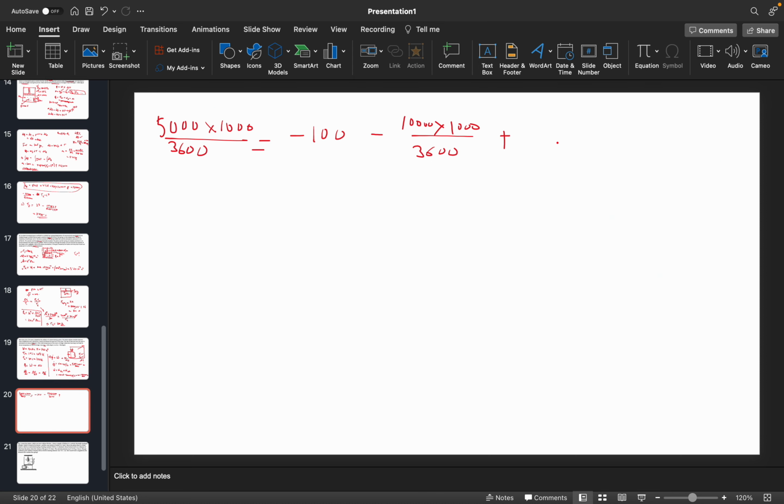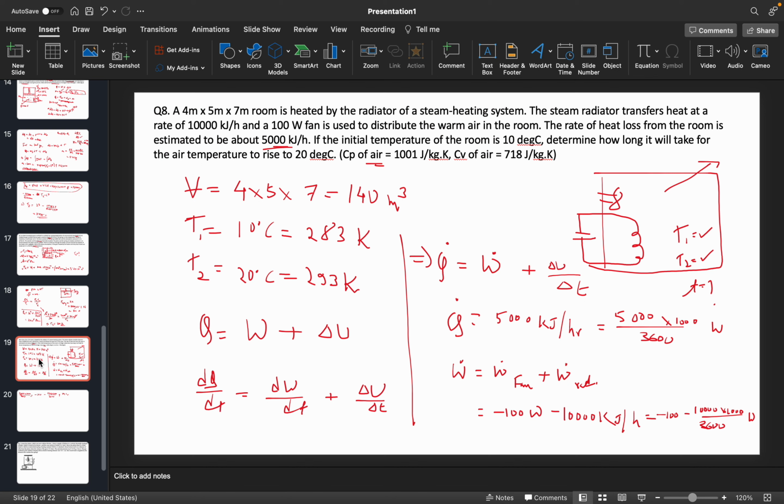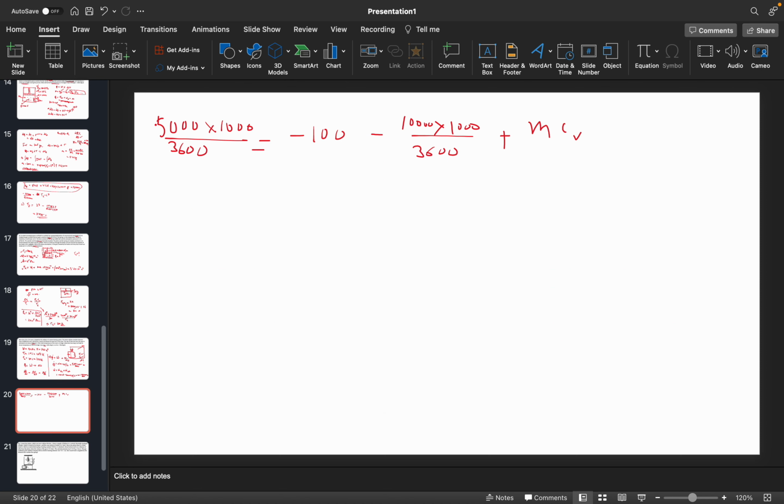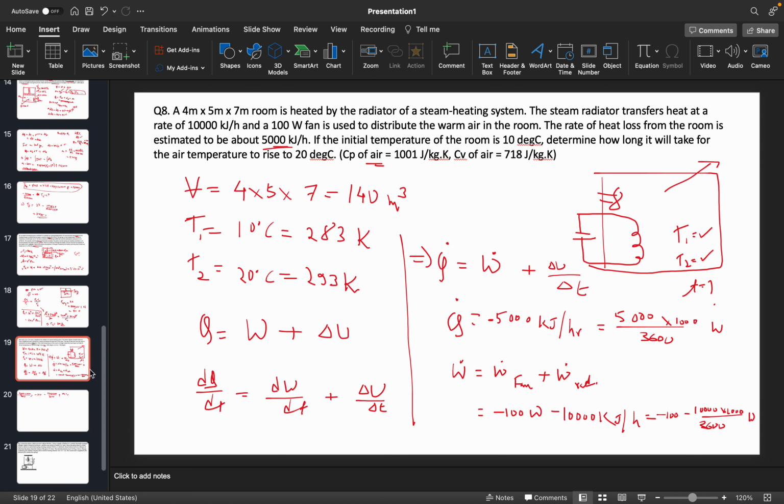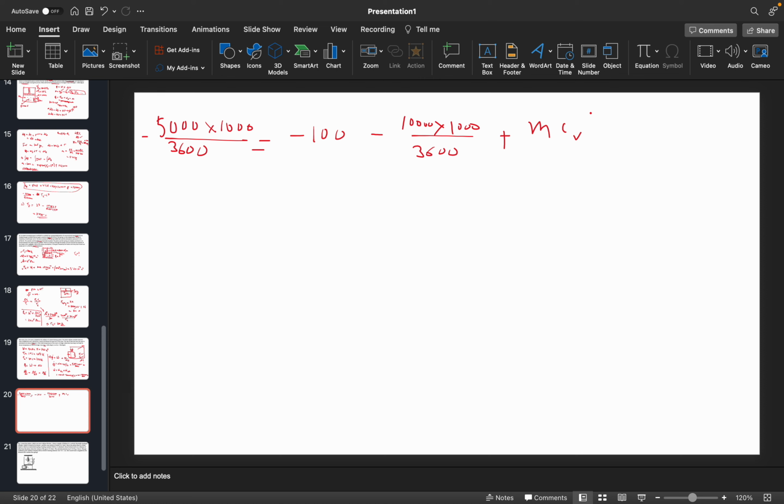Excuse me, sir, this 5,000 kilojoule which you had taken on the left hand side, it should be negative, no? Yeah, it should be negative sign. It's loss. Yeah, thank you. Okay. So m Cv into (T2 minus T1) divided by delta T, okay. So put it here, everyone, it will be a messy calculation, I know, but bear with me.